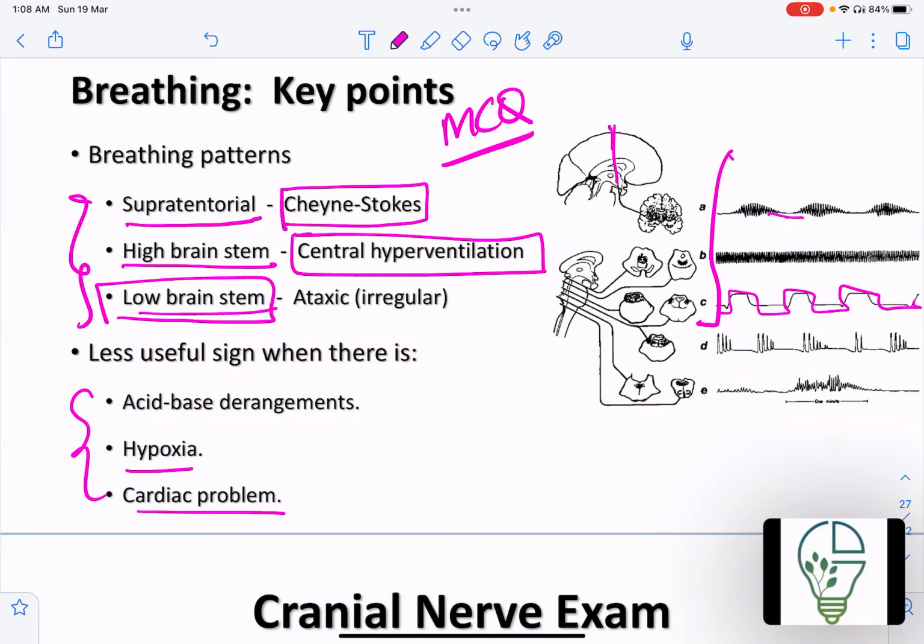For example, the patient could be having a panic attack, an anxiety attack. I mean, it's less common. So there are other things that influence breathing pattern. So it's not like written in stone, but understand that these specific patterns are an MCQ point of view. So they can ask you to recognize the pattern and to ask you where is the brainstem lesion.